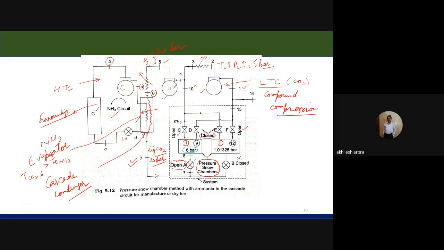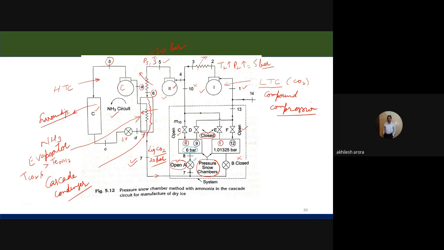Okay, is it clear? I think it should be clear to you, because now we are only expanding the liquid CO2 at 20 bar to 6 bar pressure, and you know the triple point pressure is 5.18 bar, meaning at 5.18 bar the CO2 will be in liquid, solid and gaseous phase.